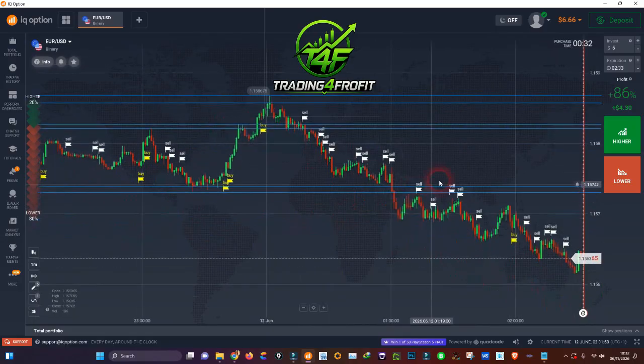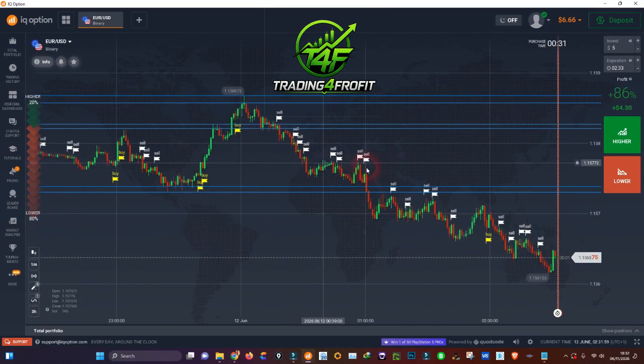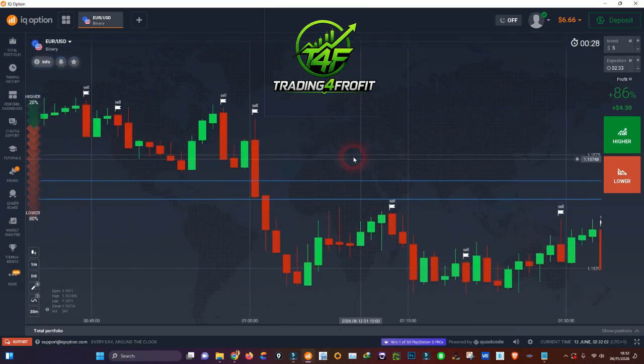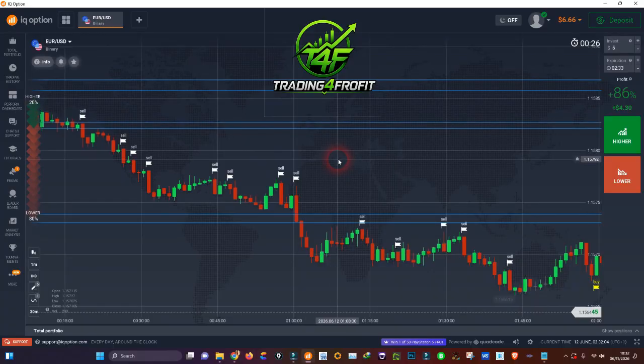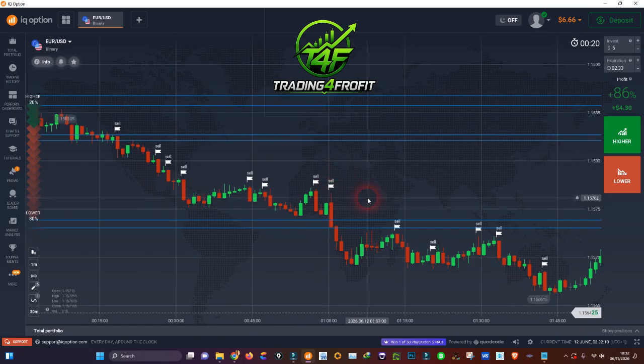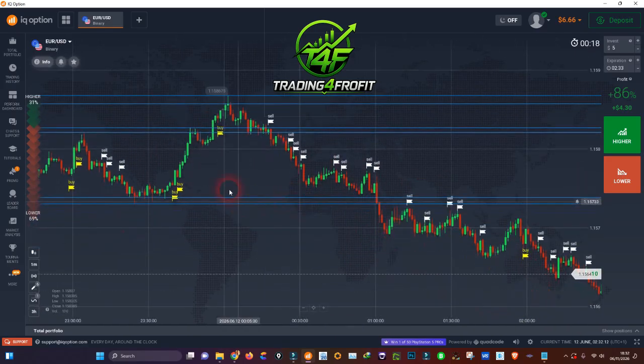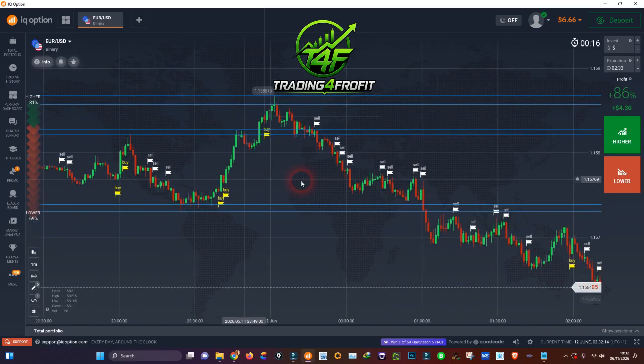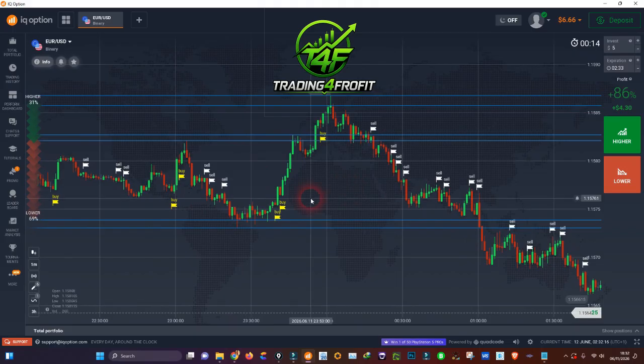Support and resistance level actually is not a line, it's an area. It's not just one line, it's a complete area. The whole world is looking at that area.